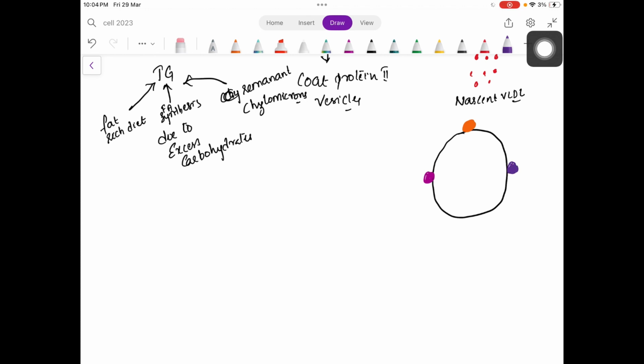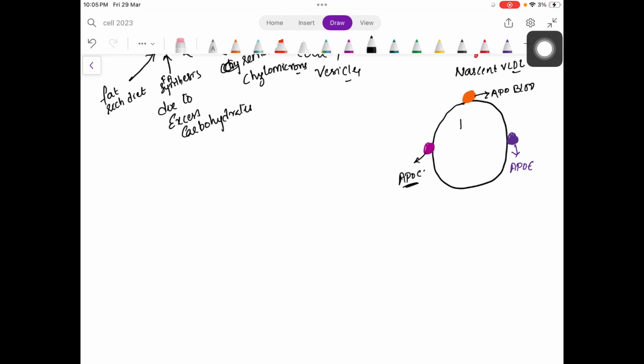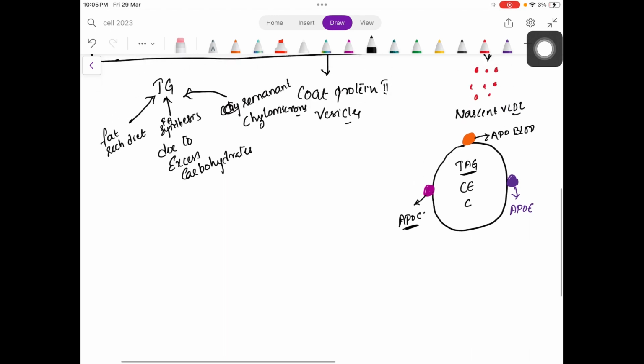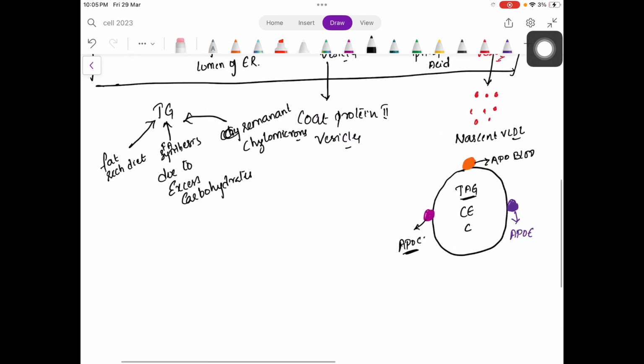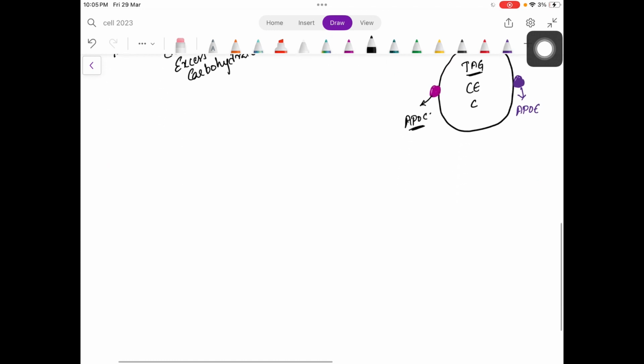This is ApoB100, and this is ApoE, and this one is ApoC. In this nascent VLDL, major contribution is by the triacylglycerol. They'll have more amount of triacylglycerol, then cholesterol ester, then cholesterol. This is called a nascent VLDL, which is released from the hepatocyte.